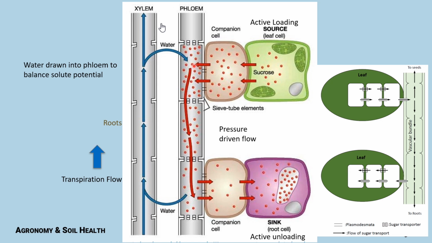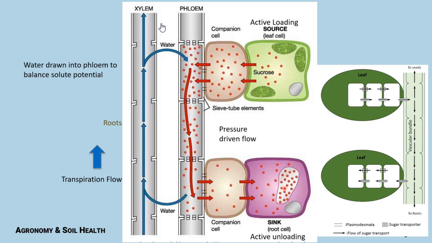If you've got high solutes, water will move from a high concentration to a low concentration. So as we build the solutes here, water moving up the xylem will move through these portholes and pressurize this, putting pressure on it, which is then relieved here as the sink is taking those nutrients.